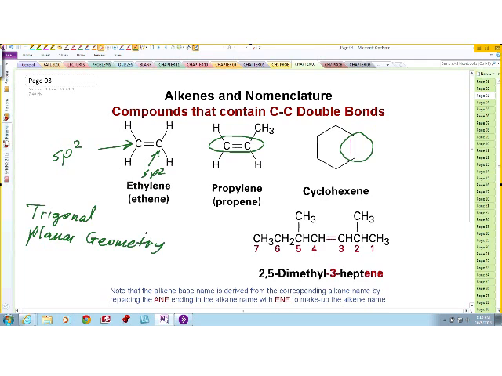All of the atoms or groups that are attached to the sp2 carbon atom are on the same plane. And that will affect some of the chemistry that we are going to be discussing very shortly.